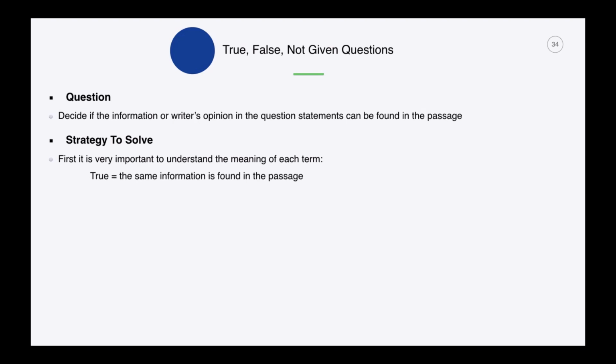True means the same information that the question is asking about is also found in the passage. What is false? True is easy. Everybody has confusion between false and not given. So what is the difference? False is when the opposite information is found in the passage.